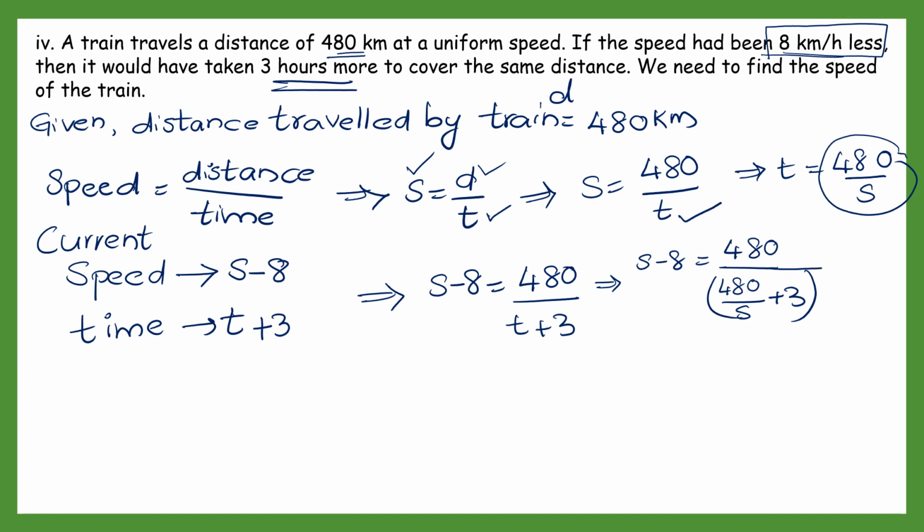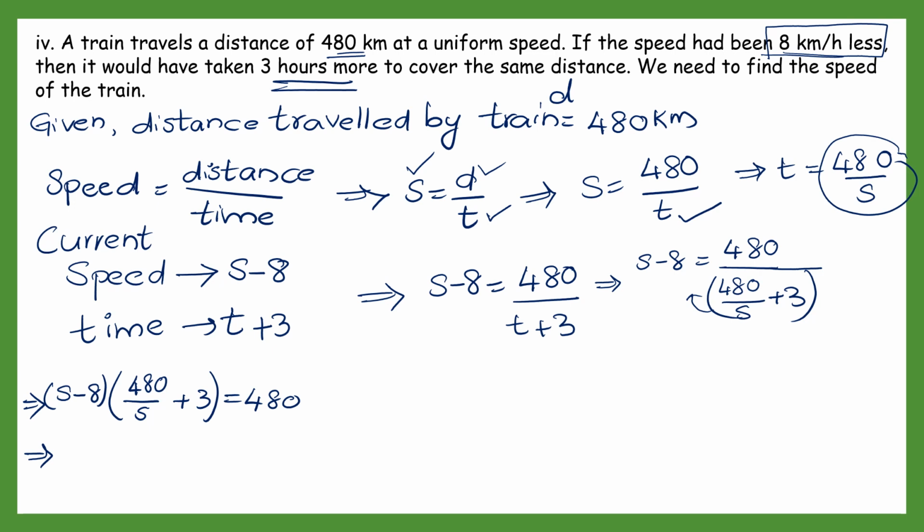Now this denominator, if it goes to left hand side of the equation, it will come into numerator. So S minus 8 into 480 by S plus 3 is equal to 480.